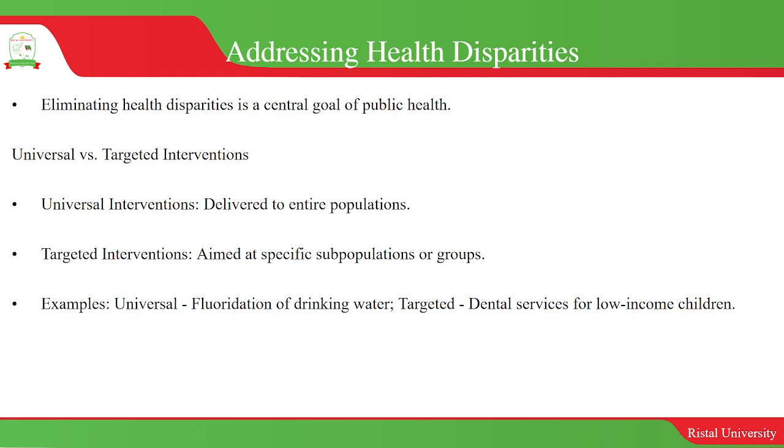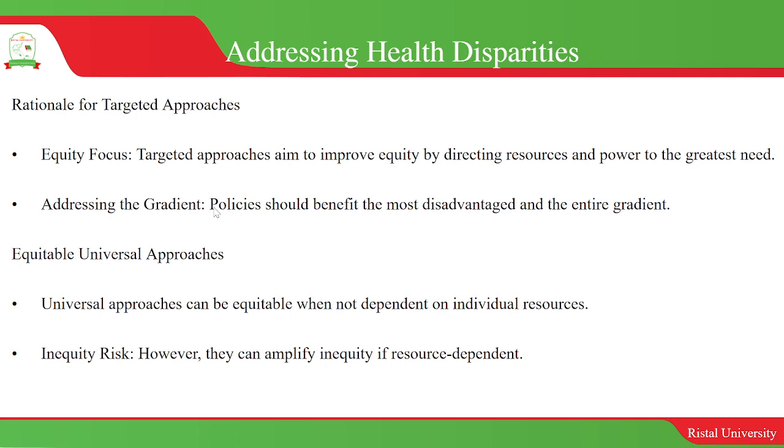So if you're going to improve or address health disparities, the focus should be on universal interventions, the entire population. But also, if you have enough data to know who is being affected by what condition, in order to bring them to have the same chances of obtaining the highest possible level of health, then you can also still have targeted interventions. Targeted interventions mean that you really put your resources where there is great need.